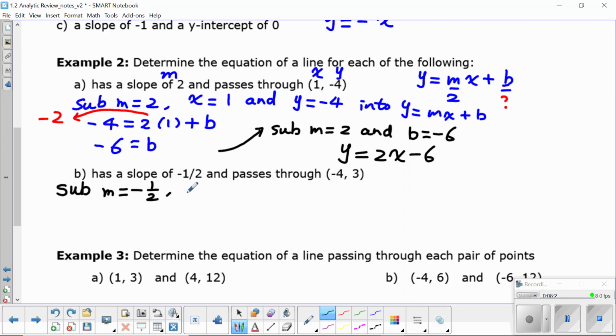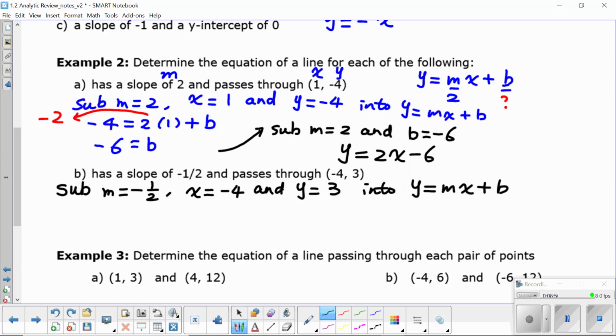This is the x value and the y value for the point. Then sub into the slope intercept equation. Then you will see in this equation you have 4 variables. 3 of them are given, then you are able to find the only one unknown.